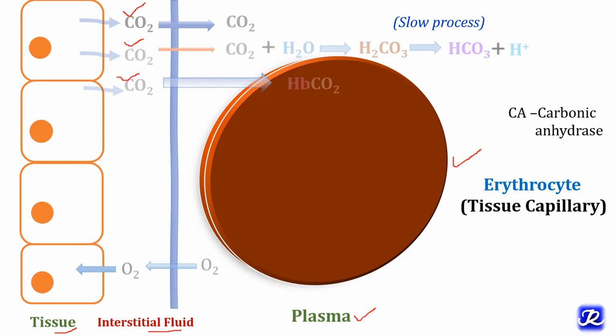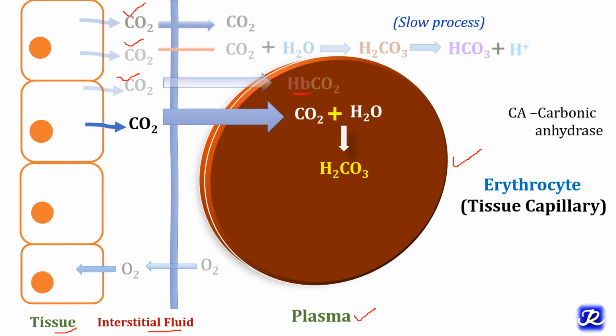15 to 20% is transported bound to hemoglobin which is present in the red blood cells, and 70 to 75% of carbon dioxide which is formed in peripheral tissues enters the red blood cells, combines with water there, and by the action of enzyme carbonic anhydrase, it is converted into carbonic acid.